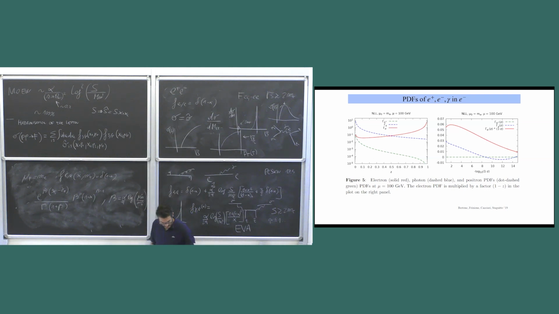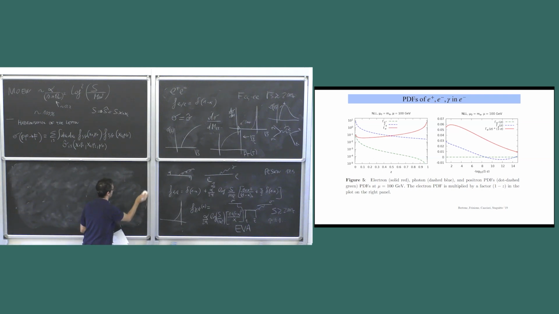The Muon collider, as we said, has an energy that is much larger than the one of the e plus, e minus colliders that we considered. So square root of S is either 3 TeV, the two cases that we are considering, or 10 TeV.